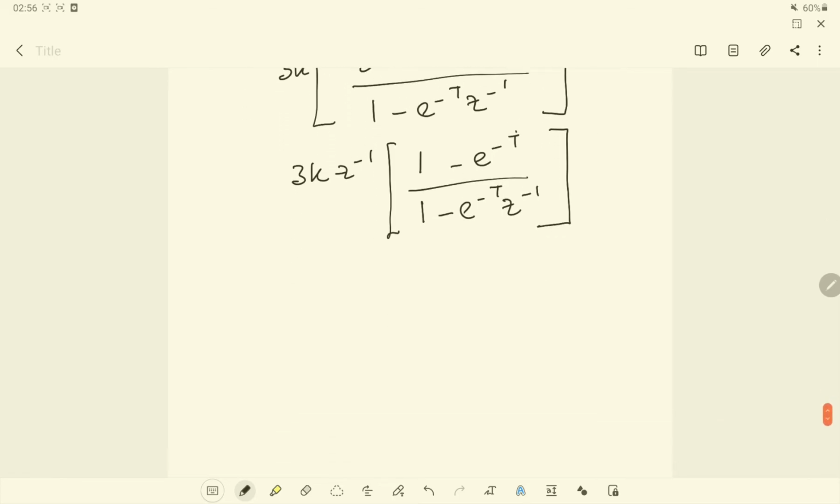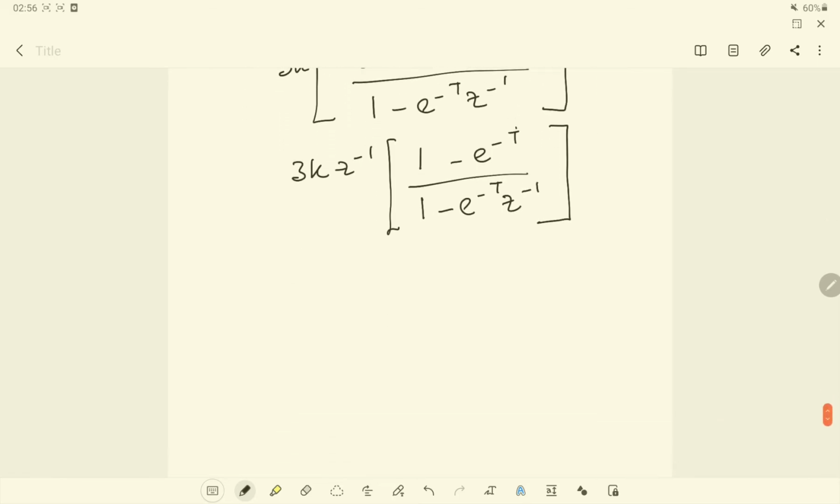And then we want to convert it to the Z relation or conversions, not Z inverse. So how do we do it? Here is 3k (1 minus exponent minus t) over Z, right?